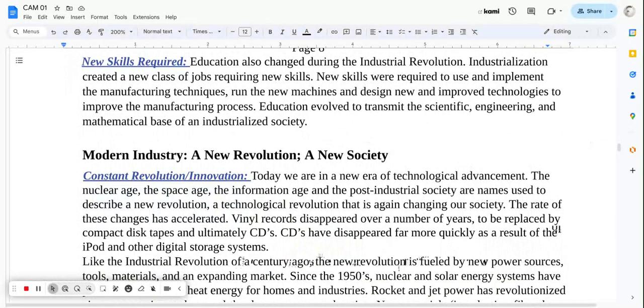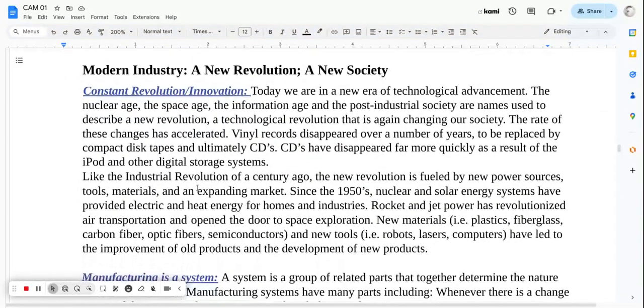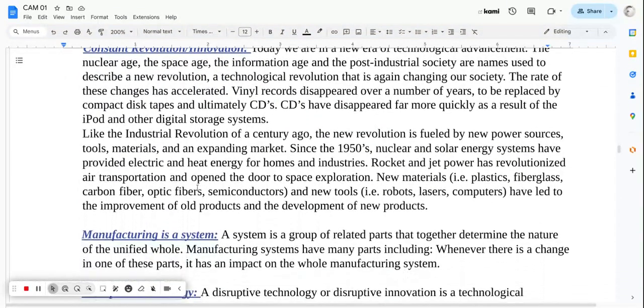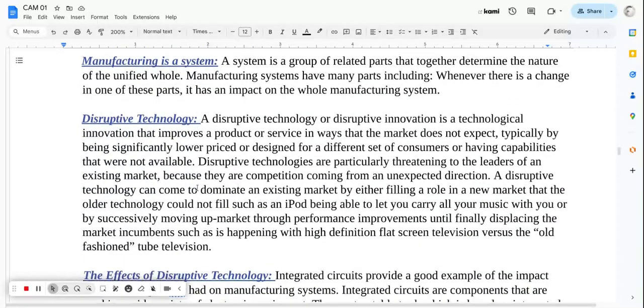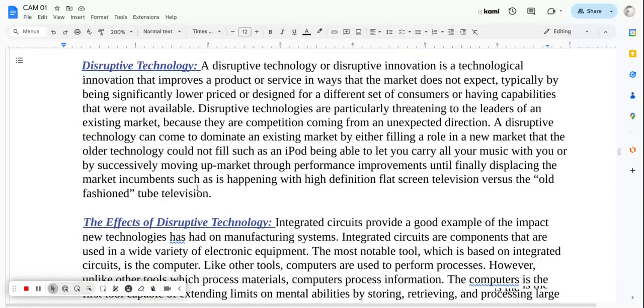Let's see here. New manufacturing techniques. We don't talk about too much of those, but we are emphasizing CNC technology here. Disruptive technology. Disruptive technology is a technology that's replacing previous standards of technology.